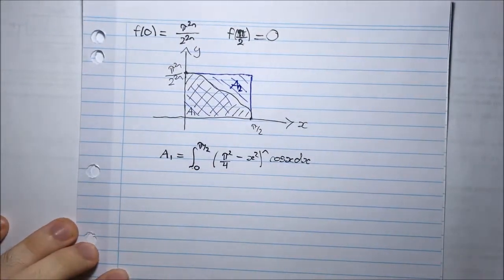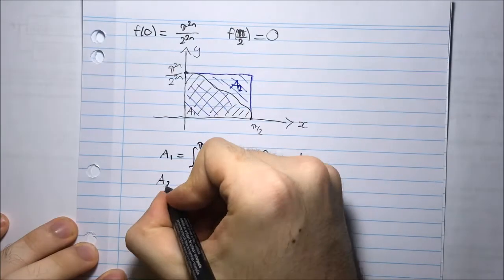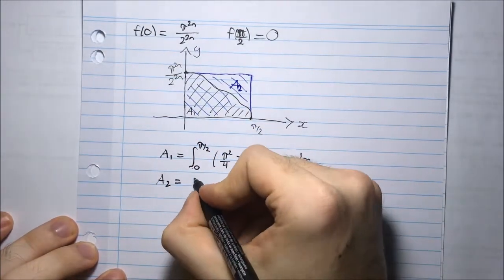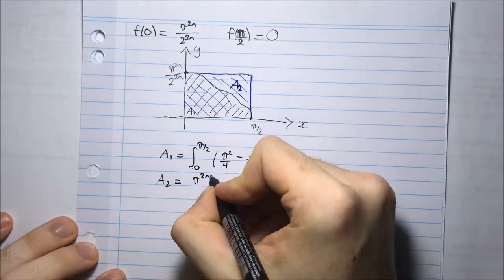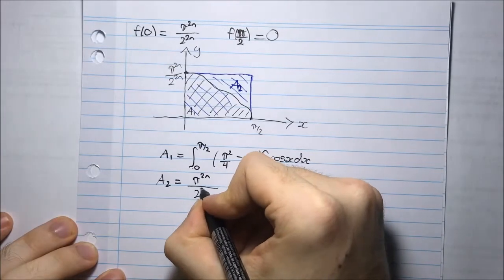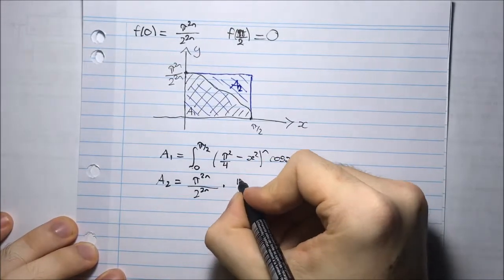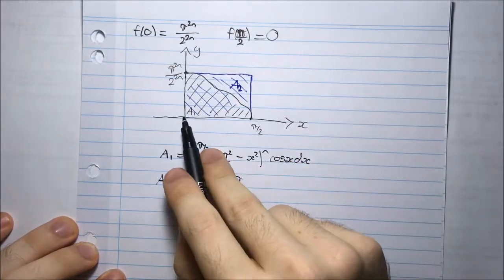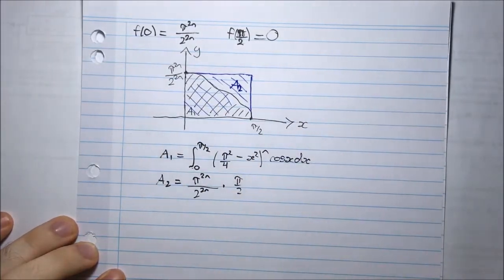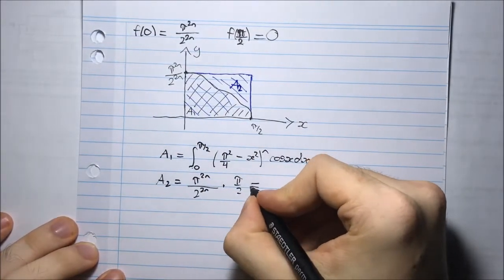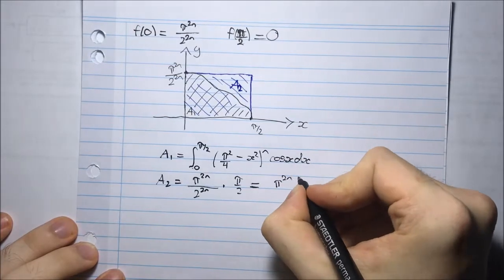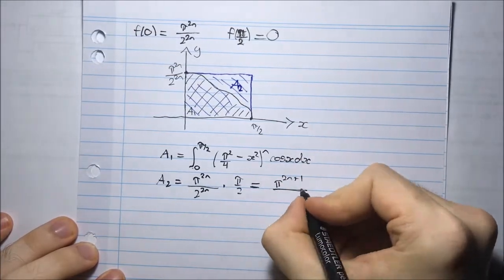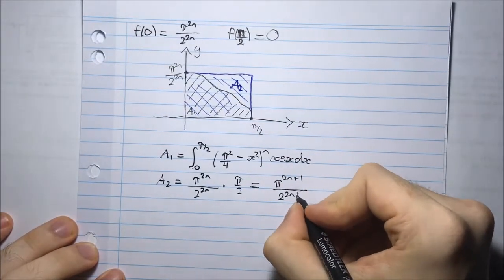So A2 is equal to pi to the power 2n divided by 2 to the power 2n, multiplied by pi on 2. It's that length times that length. Combining, I get pi to the 2n plus 1 divided by 2 to the 2n plus 1.